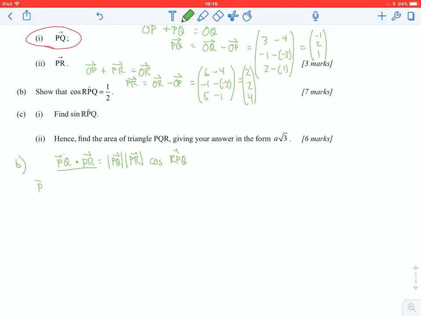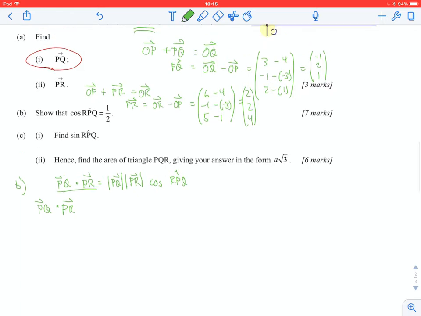The way we find a dot product is we take the components of the two vectors, multiply the individual components together, and then add the results. PQ is the vector we found in part A: -1, 2, 1.